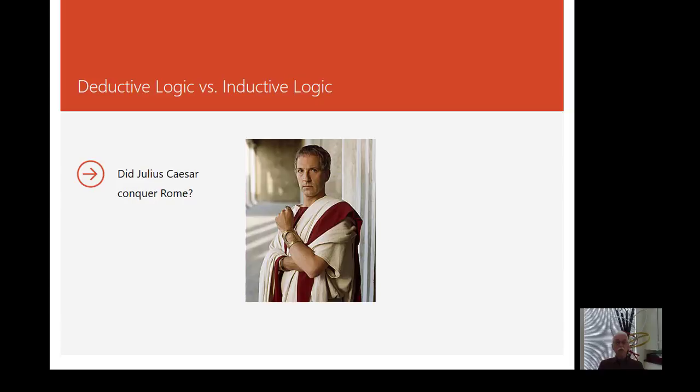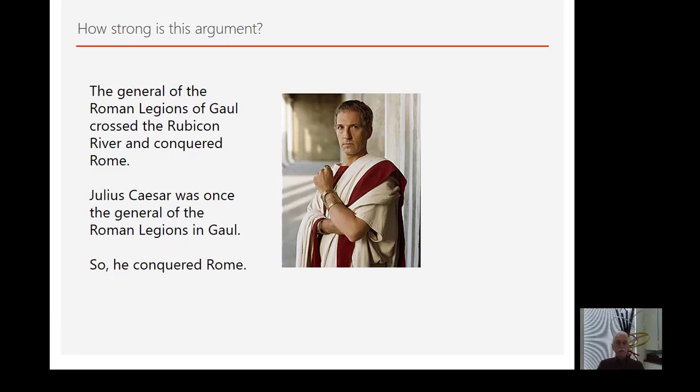For example, suppose the question is, did Julius Caesar conquer Rome? Now in response, somebody might argue like this. Yeah, he conquered Rome, because the general of the Roman legions of Gaul crossed the Rubicon River and conquered Rome, and Julius Caesar was once the general of the Roman legions in Gaul. How good of an argument is that?